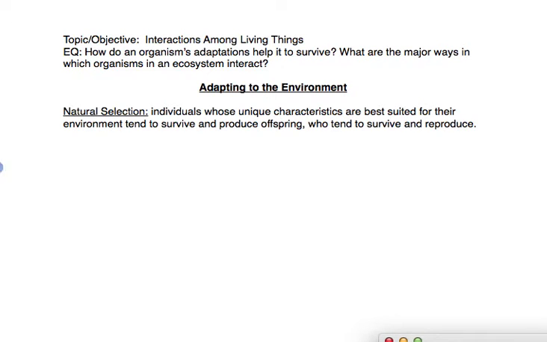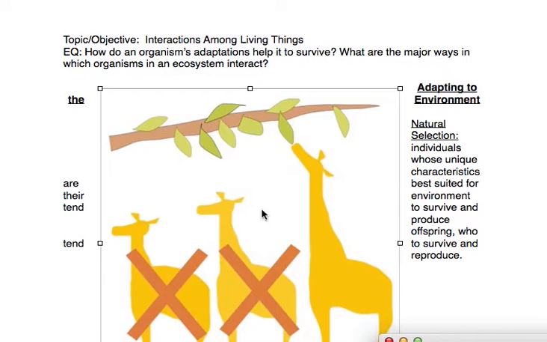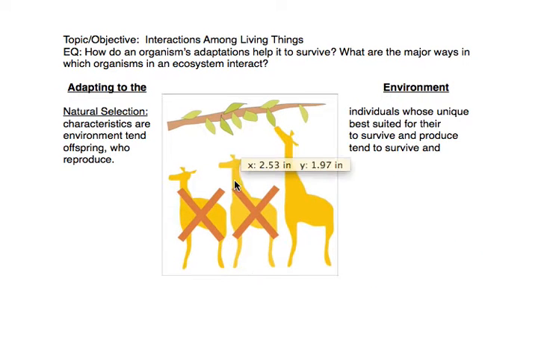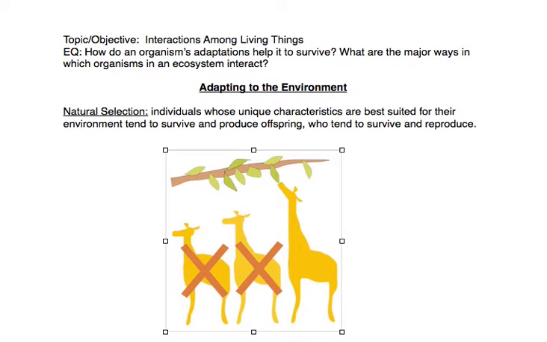Let's say you have a group of giraffes, and they're all trying to survive by eating the leaves on trees. You have two giraffes that are short, and then you also have a giraffe that is tall. The two giraffes that are short aren't able to reach those high branches and get the leaves and feed themselves.